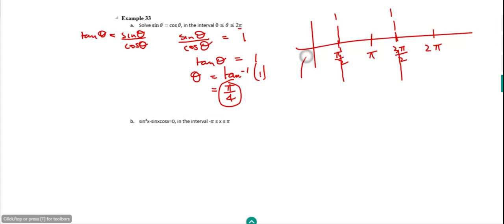So if we draw the graph of tan, it's going to look like this. And the value our calculator gave us for tan theta is 1 was this value, pi by 4. And we can find all the subsequent values of tan theta by adding pi. So that will give us this value here, which is, if we add pi onto pi by 4, 5 pi by 4.